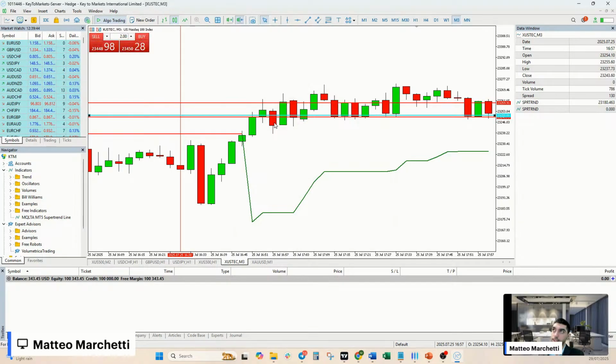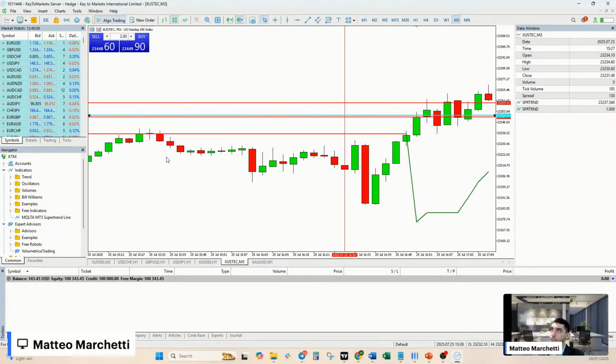Because in this case, I hit the first target with my first contract, and the second contract is going to be stopped out at break even. So I don't lose on the second contract, I gain on the first one. This is very important. This is the logic. Let me know if it's clear, so we can also continue.